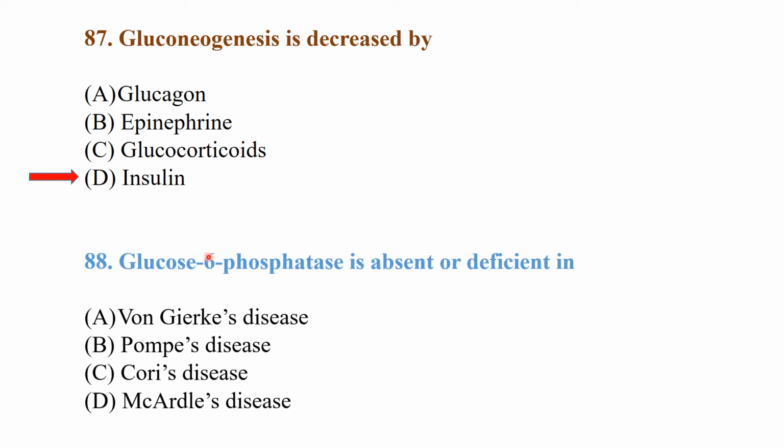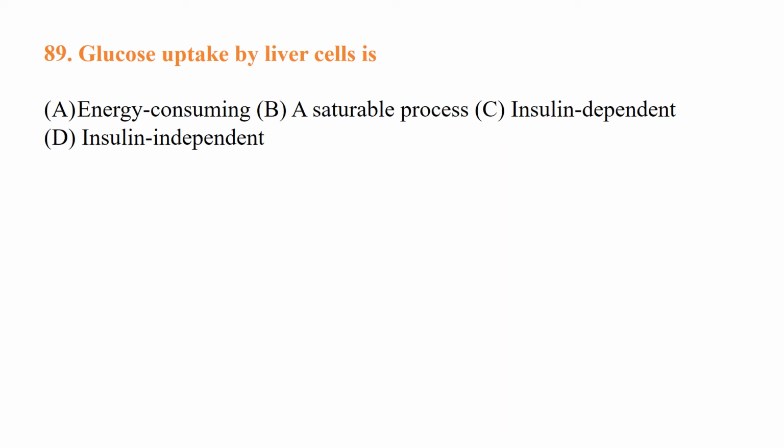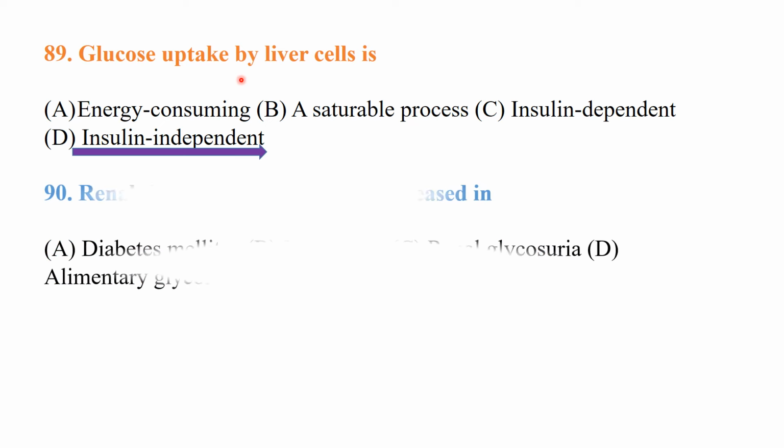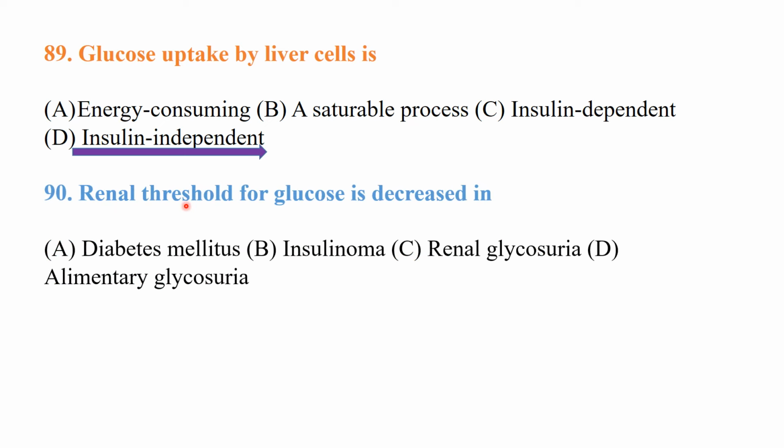Glucose 6-phosphatase is absent or deficient in von Gierke's disease. Glucose uptake by liver cell is insulin independent. Renal threshold for glucose is decreased in renal glycosuria.